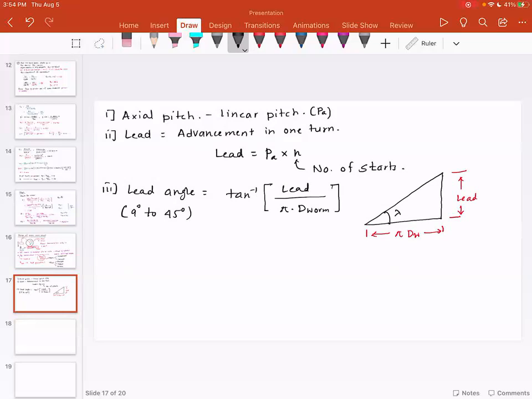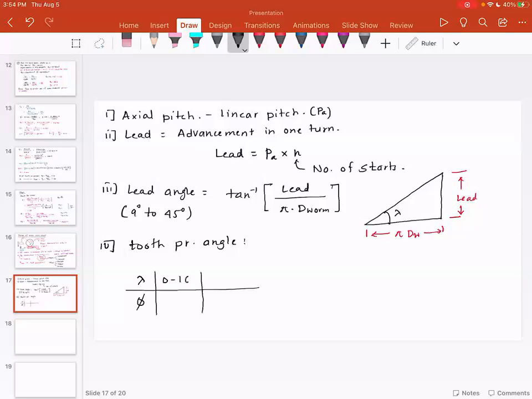And there is something called the tooth pressure angle. If you look at the tooth pressure angle, basically that depends upon the lead angle lambda, and that gives a relationship with pressure angle.